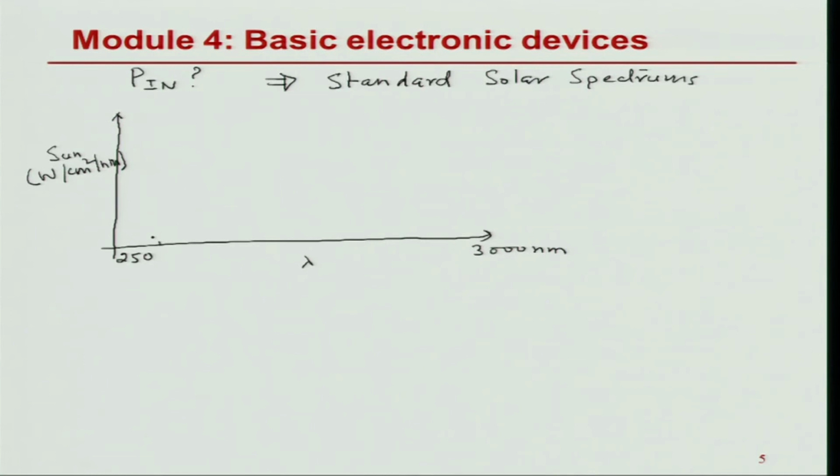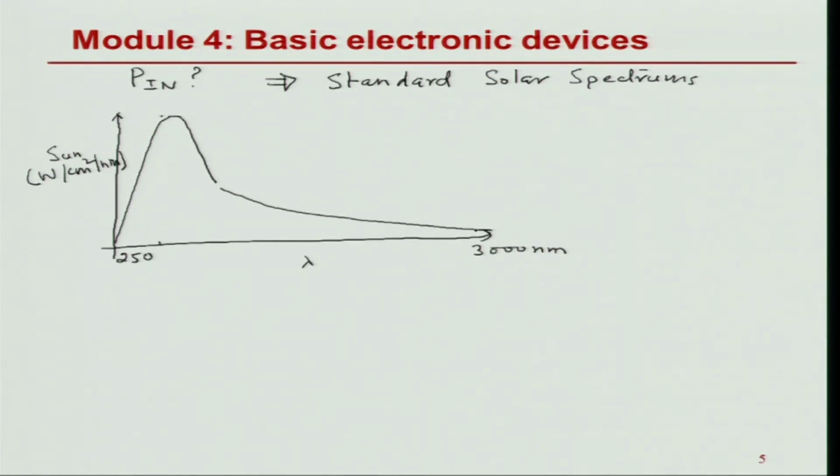Interestingly, the solar spectrum peaks at around 500, 600 nanometer, drops very fast, and then there is a huge tail going towards the larger wavelength. So actually the maximum solar spectrum is in the visible range, which is good for us, that is why we are able to see things.